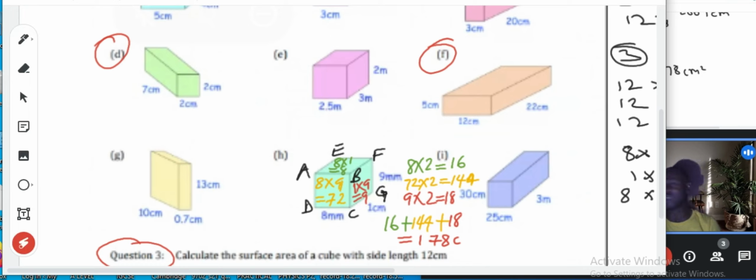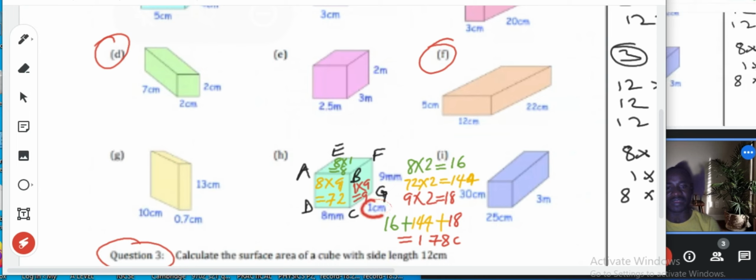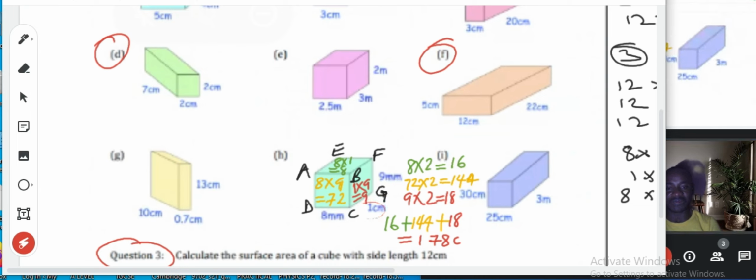Do you notice that this is centimeter? Oh yeah. Apparently it said that there's a mistake, so just change all of them to centimeters. Or better still, change all of them to millimeters. Just change all of them to the same unit.